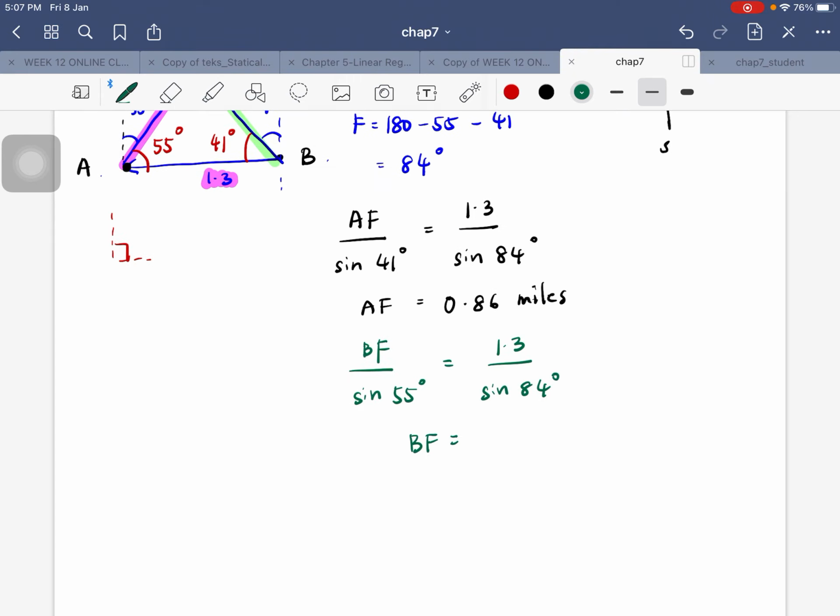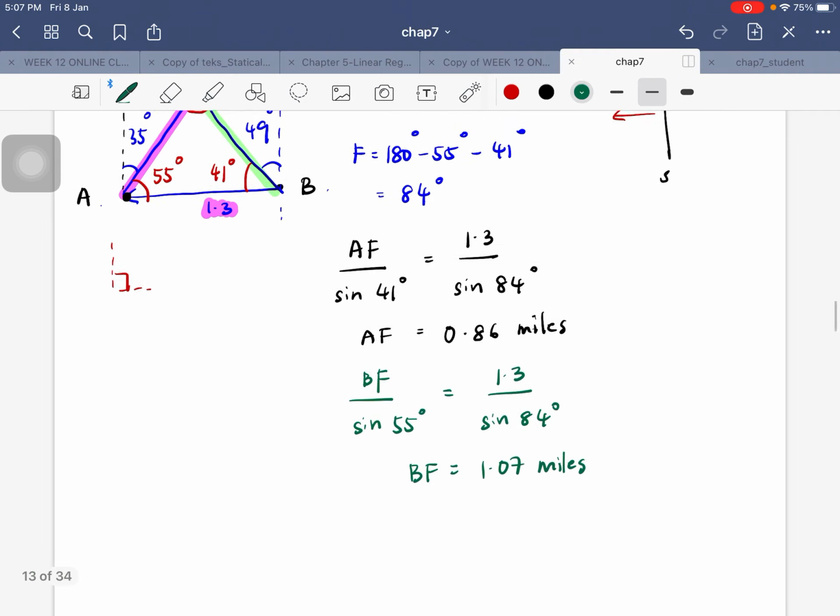So BF is going to be the same calculation as previously. The only difference is that now I'm going to multiply by sine 55. So that is going to be 1.07 miles. Okay, so that is going to be our distance of BF.